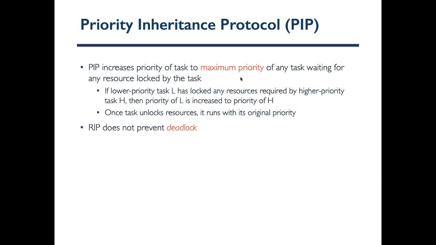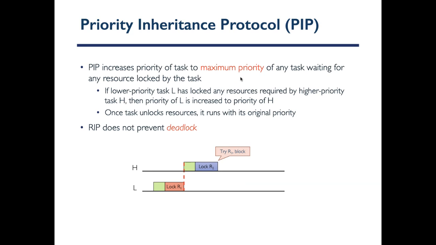Now, unfortunately, this protocol cannot prevent deadlocks. Here is an example. Let's say you have two tasks, L and H. Let's say L starts and locks R1, then H comes and locks another resource, let's say R2. And let's say at this time, H tries to lock R1. Now it gets blocked.